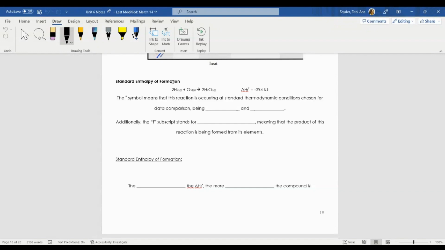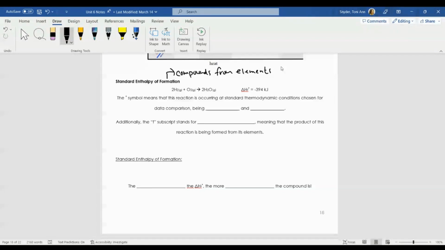So if you think of forming something, we're forming something new from what was previously there. And in this case, we're going to be forming generally new compounds from its elements for the most part. Okay, so how much energy is required to form a compound from its elements?